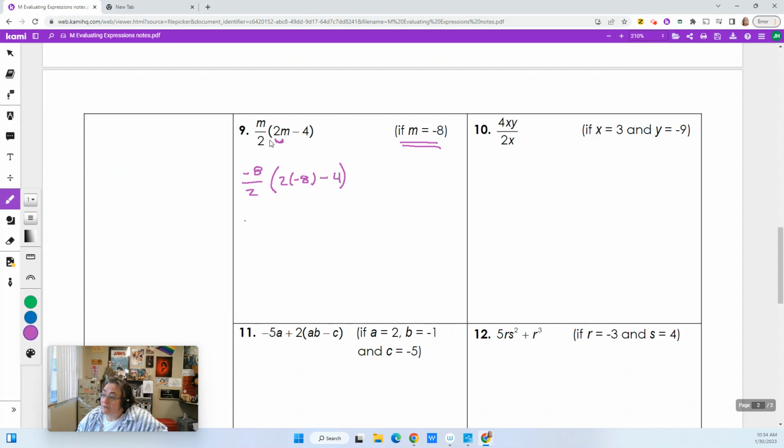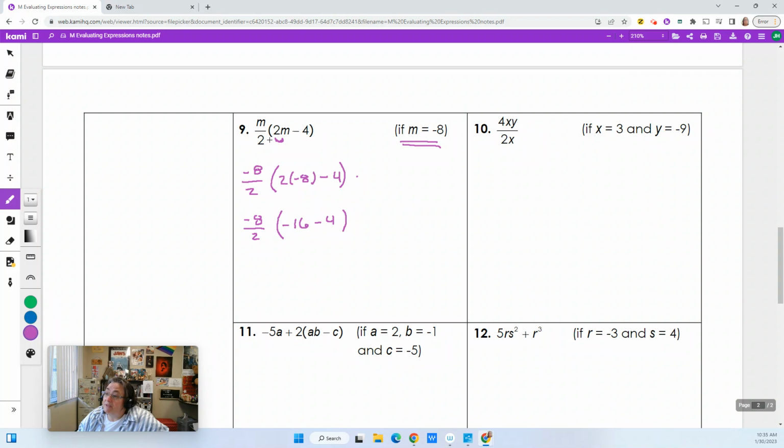So I'm going to start with what's going on inside the parentheses here. And that is this 2 times negative 8. And 2 times negative 8 is negative 16. And so once I do that, I can put in the minus 4.